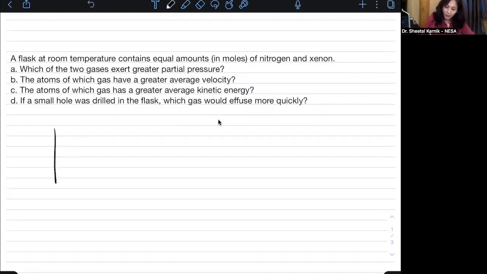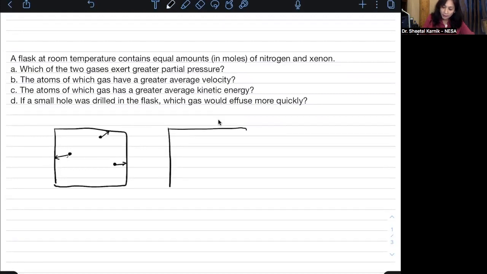So let's say I have a container and I have fewer moles of gas, just like 2-3 moles of gas. Then the pressure exerted by these molecules is going to be less than in a container of the same size having more moles of that gas, right?